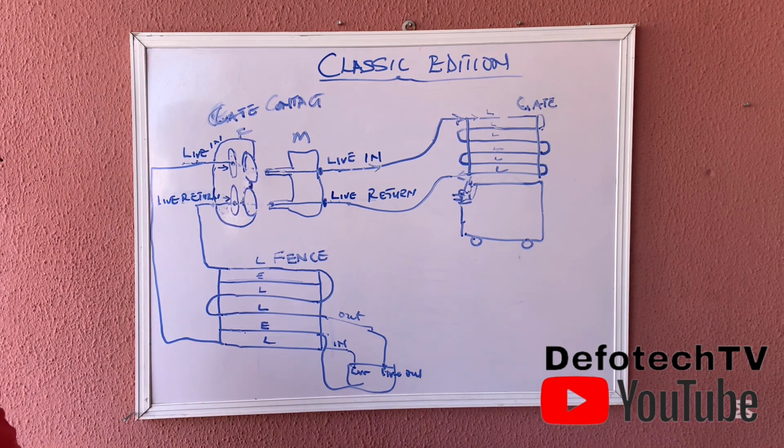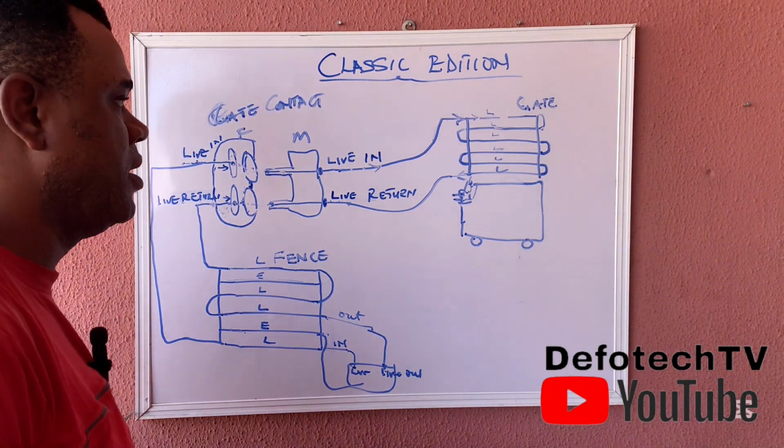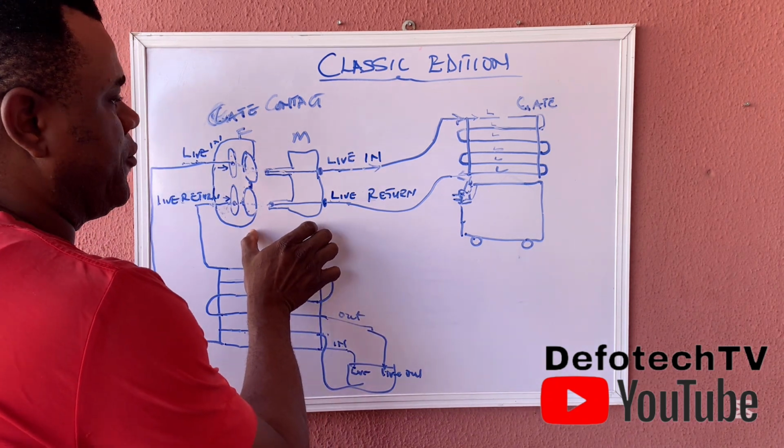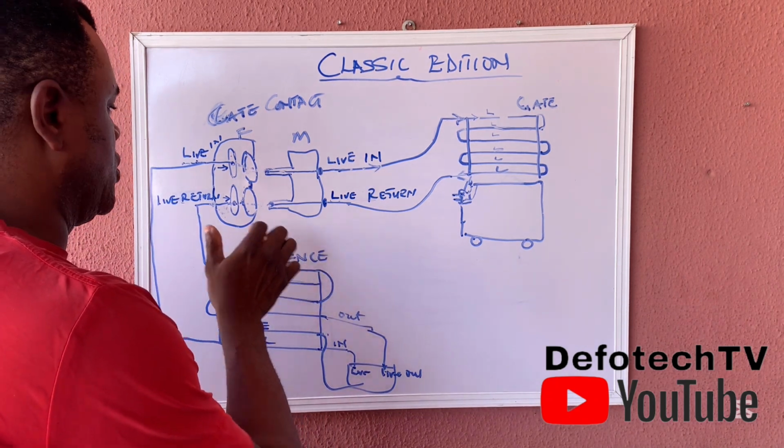I think this is clear enough. If there are any questions, I hope we'll deal with that much later. But I want to believe that after now, every one of us should understand how the gate contact works.